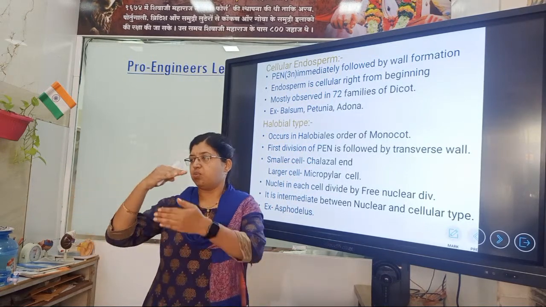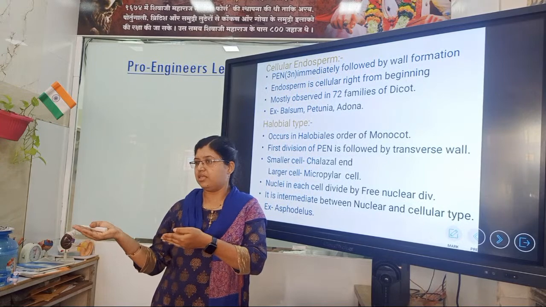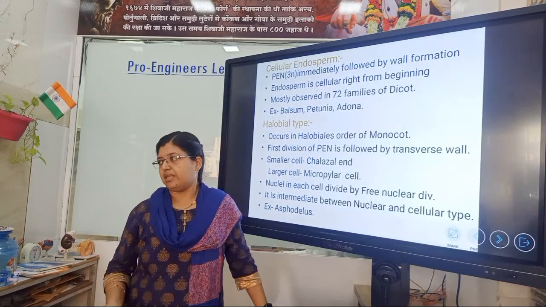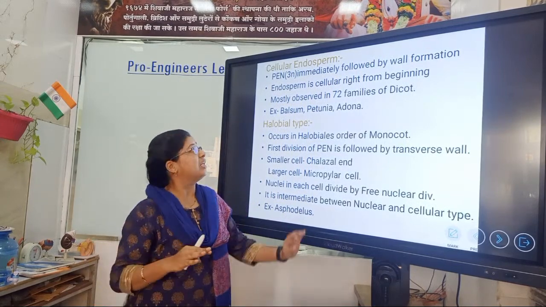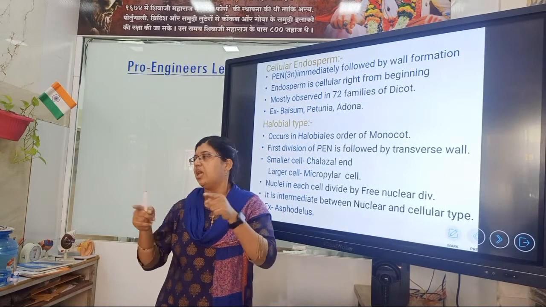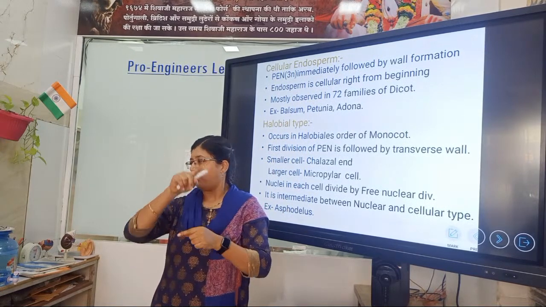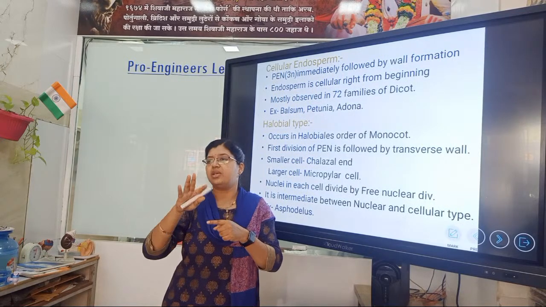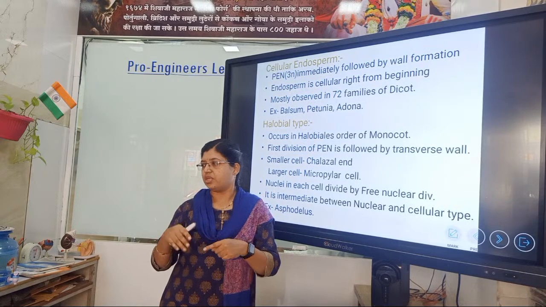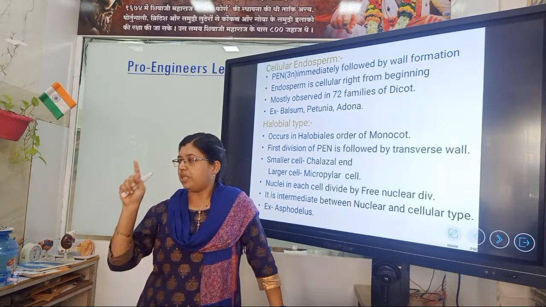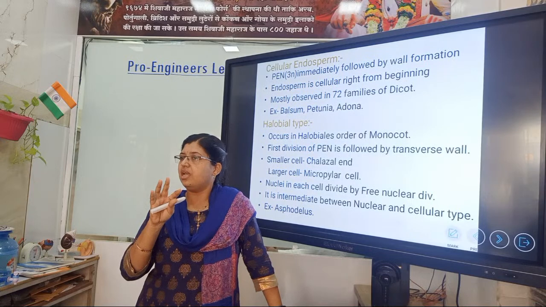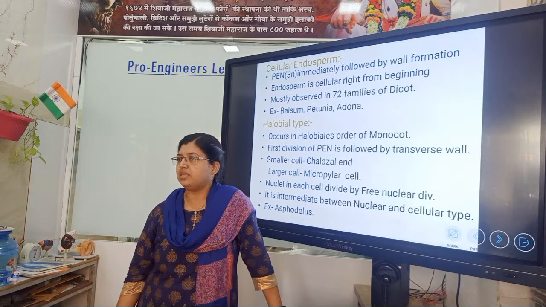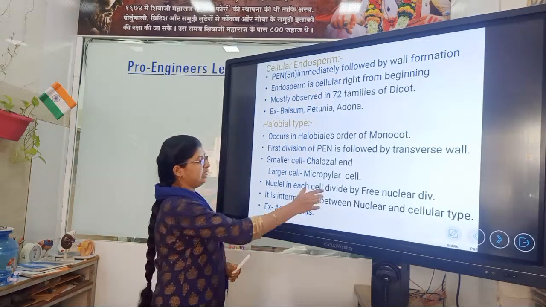The smaller cell is called the chalazal cell, and the larger cell is called the micropylar cell. Like nuclear type, the free nuclei are arranged at the periphery in both cells, at the micropylar side and at the chalazal side. The vacuole is present, and after that wall formation takes place. Clear? Next.